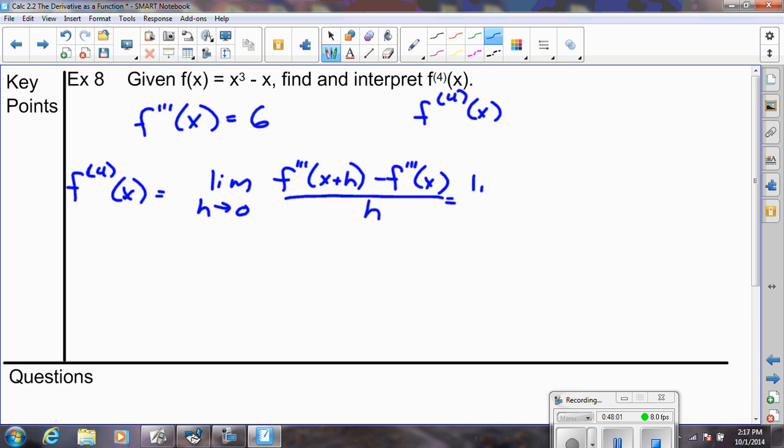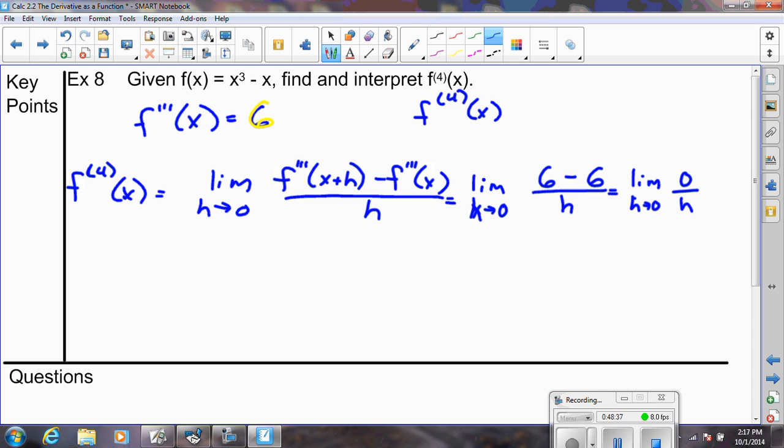Replace every x with an x plus h. Here, there is no x. Because there is no x, we just have 6. And f triple prime of x is also 6. Well, 6 minus 6 is 0, so we have the limit as h approaches 0 of 0 over h.